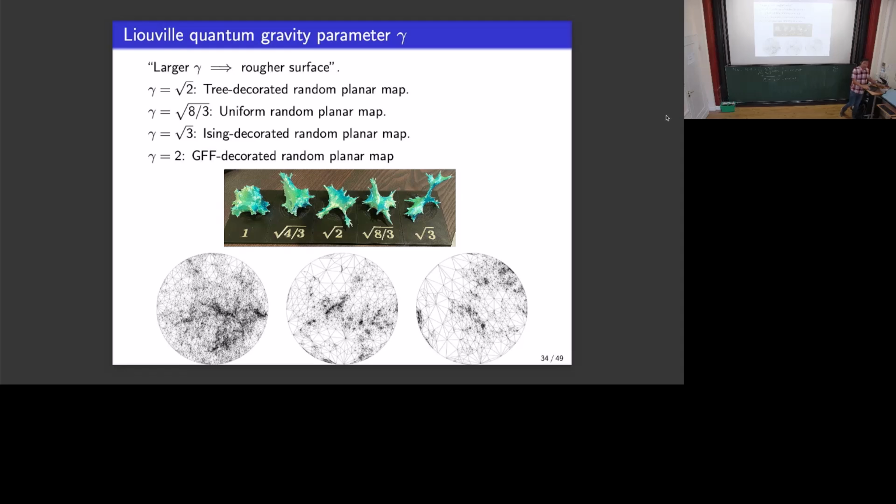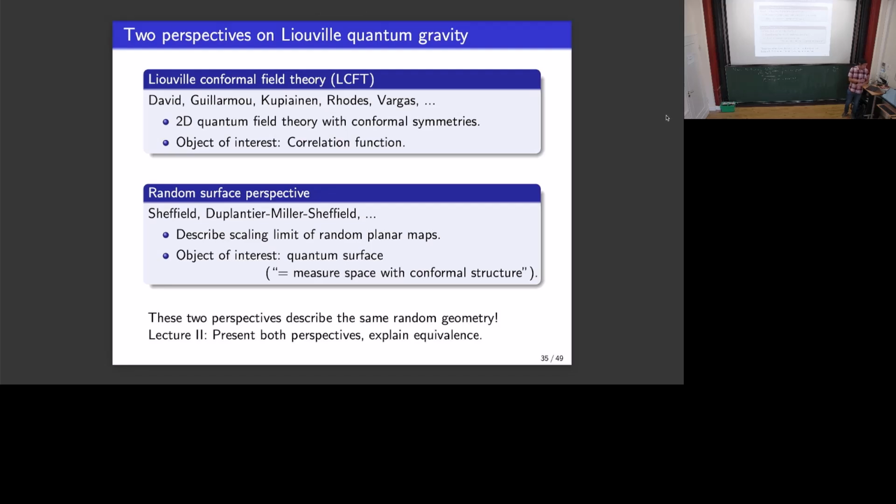Okay. Yeah. So for the rest of today's talk, I want to discuss two different perspectives on Liouville quantum gravity. The first perspective is a conformal field theory perspective. In this perspective, you have this Liouville CFT, and you want to solve for the correlation functions.